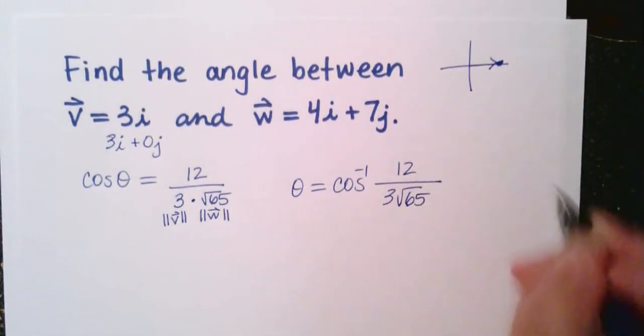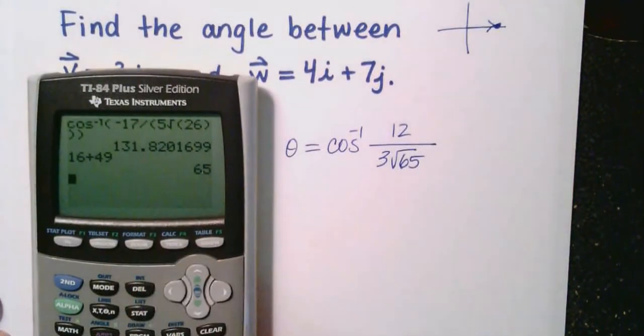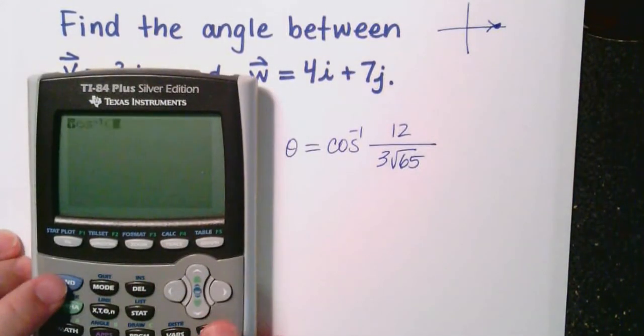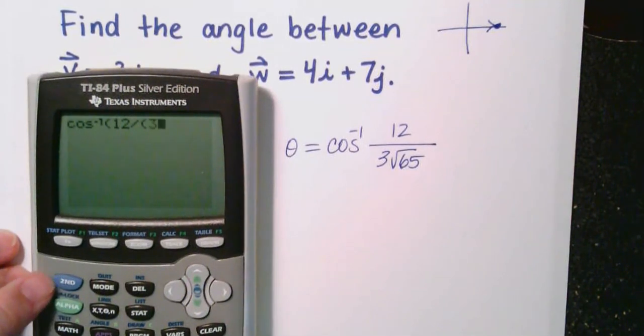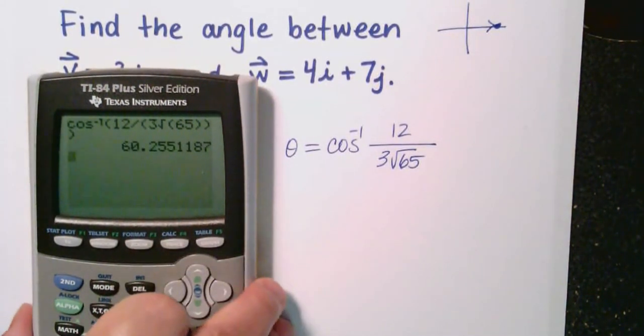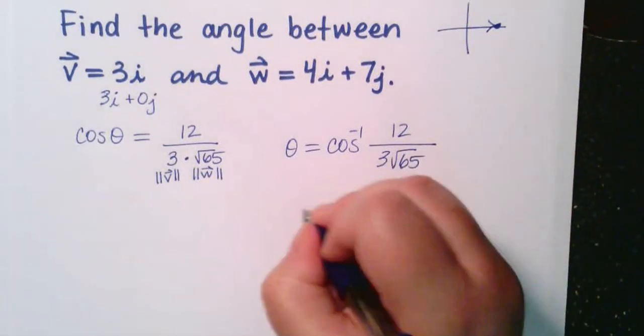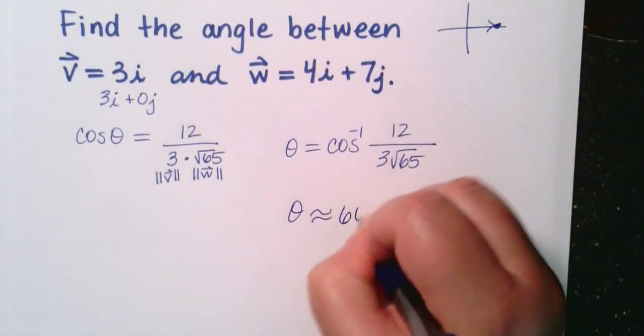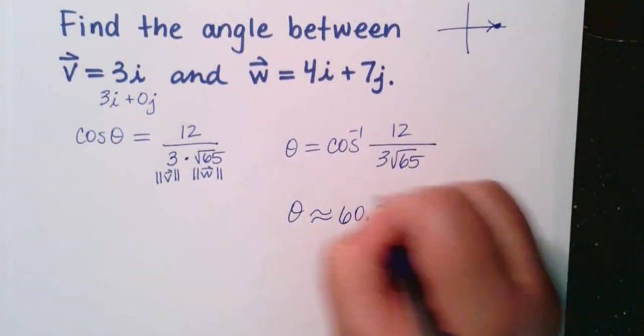I could simplify that, but there's not a whole lot of reason to. You're welcome to if you want to. Inverse cosine of 12 divided by 3 root 65, and we get 60.26 degrees. So theta is about 60.26 degrees.